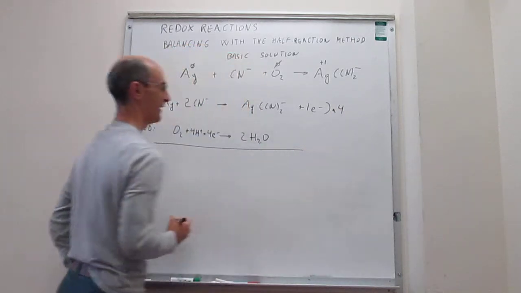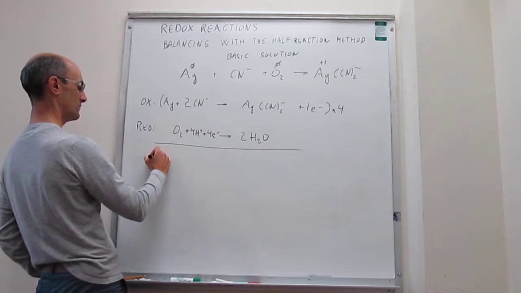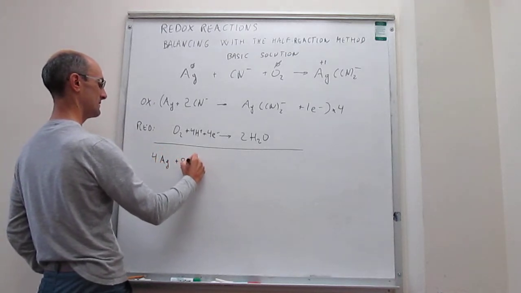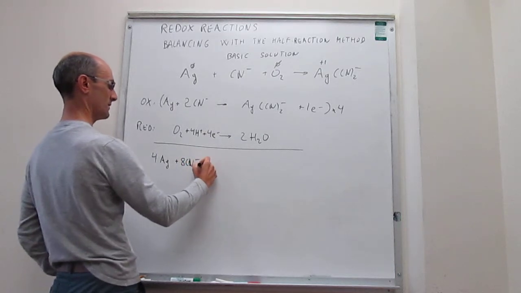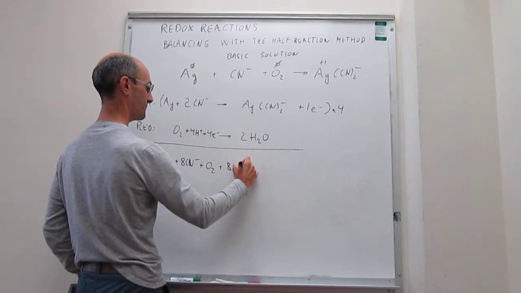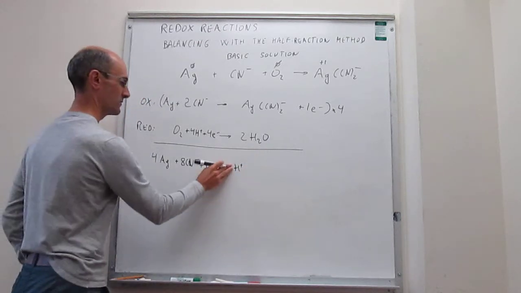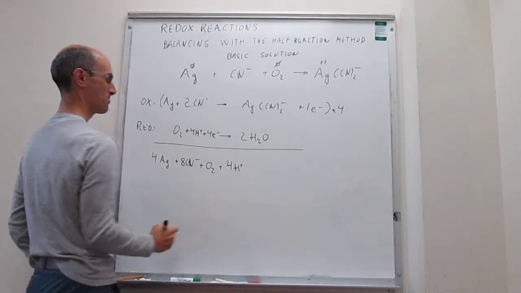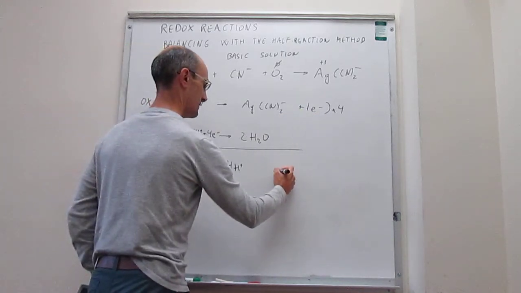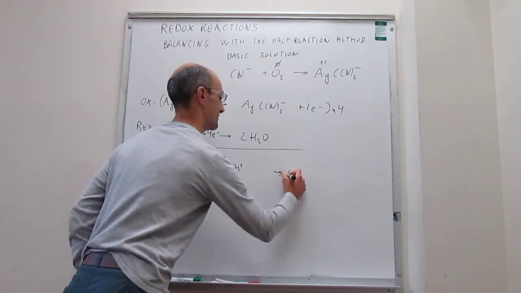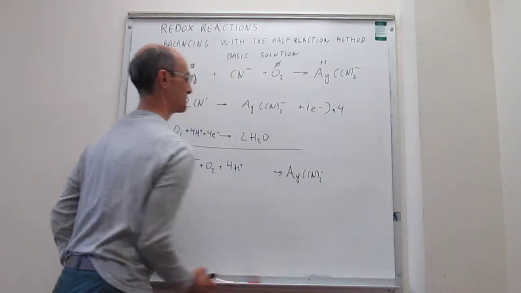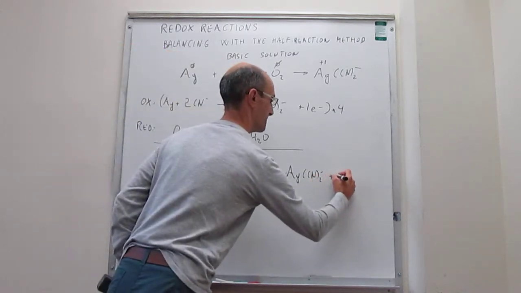And then what you get at the end of this is going to be 4 silver plus 8 cyanides plus O2 plus 4 protons, and then you have 4 electrons that cancel with the 4 electrons, and the products are going to be the silver cyanide complex, and then 2 molecules of water here.